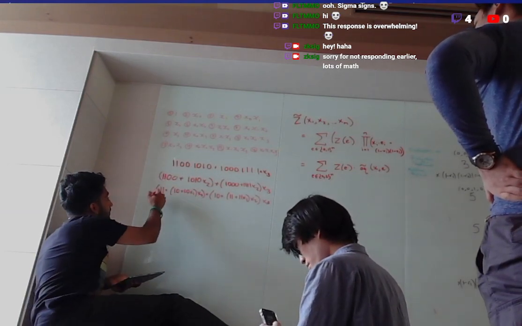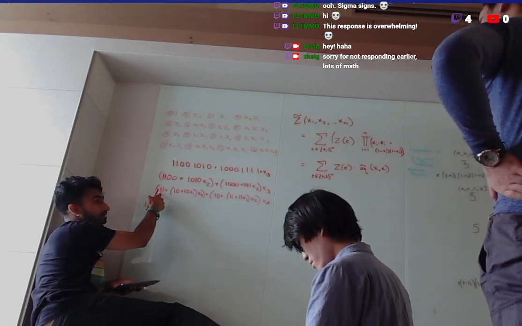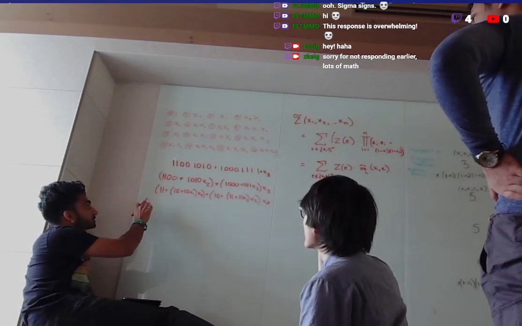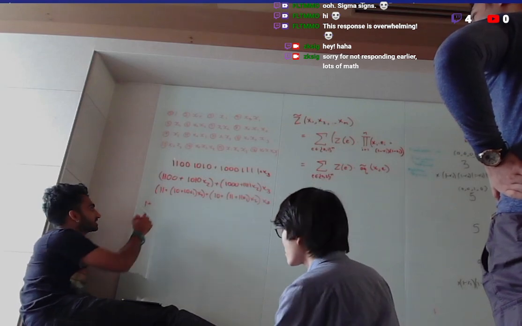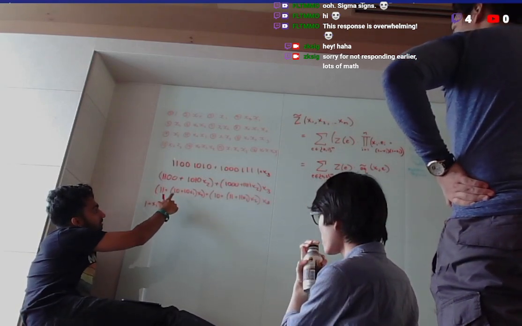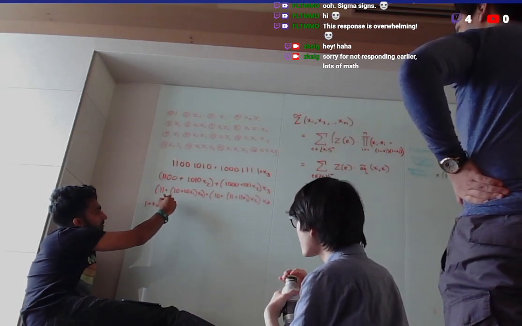It would be 1 x naught. This guy? Yeah, x naught. 1 times x naught would be x naught. So what does this become? Sorry, I kind of gave it away. 1 plus x naught. Okay, perfect. And then 1 and x1. So 1 plus x1.